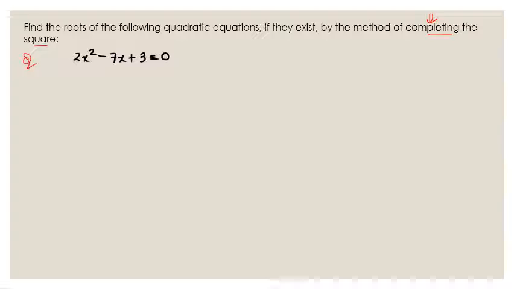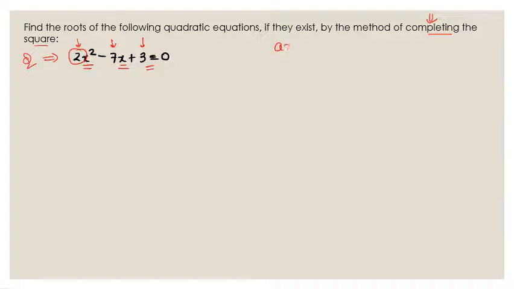So what you have to do, firstly, check whether these are in decreasing order of the power of the variables. So here x raised to power 2, x raised to power 1, x raised to power 0. So yes, these are in decreasing order. Then make sure there is no coefficient. That means apart from 1, there should not be any other number as the coefficient of x square.